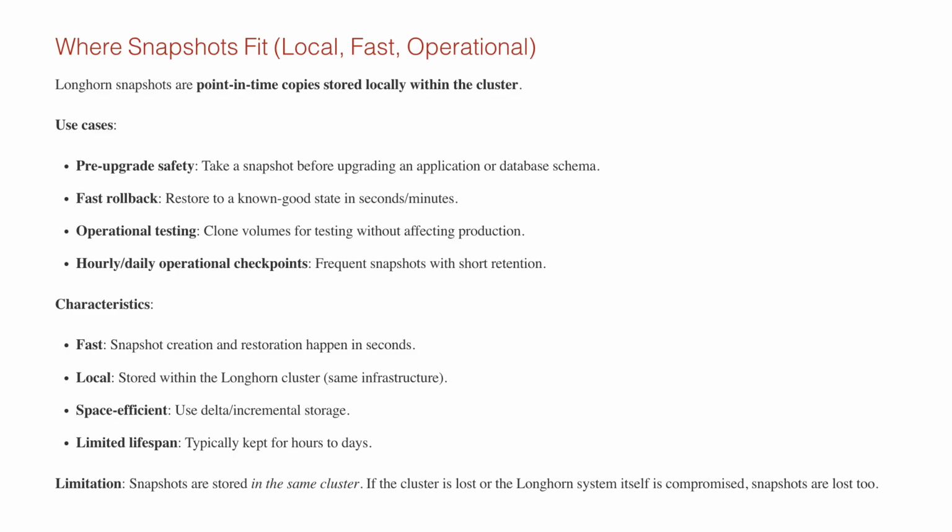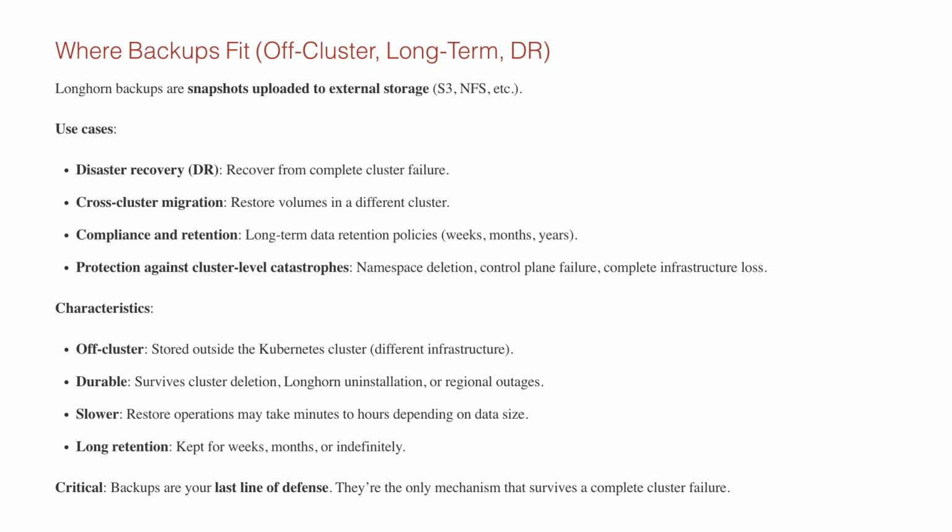However, they have a limitation. Snapshots are stored in the same cluster. If the cluster is lost or the Longhorn system itself is compromised, snapshots are lost too. And this brings us to backups. Longhorn backups are snapshots uploaded to external storage like S3 or NFS.